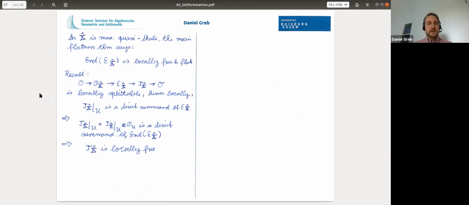So locally, E X hat is just T X hat plus O. Then if I take the endomorphism of that sheaf, it's a tensor product of the dual with itself, and I see that the tangent sheaf is a direct summand of End locally on this U where everything splits. So T X hat restricted to U is a direct summand of End. But then it's a direct summand of a locally free sheaf, so this means it's locally free.